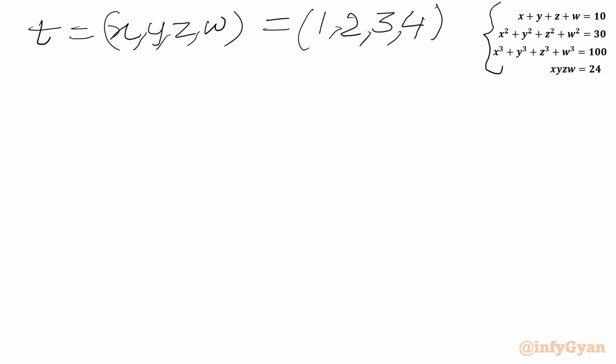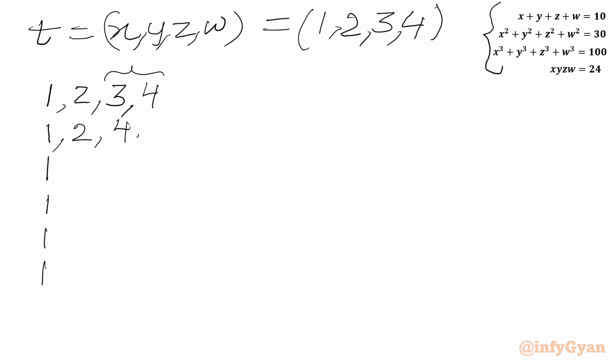So I am writing the first 6. How can we write x, y, z, w? Let's freeze the first position as 1. Now we consider 2, 3, 4 here. Then we write 2 and swap the values 4 and 3. So the first pair is here.